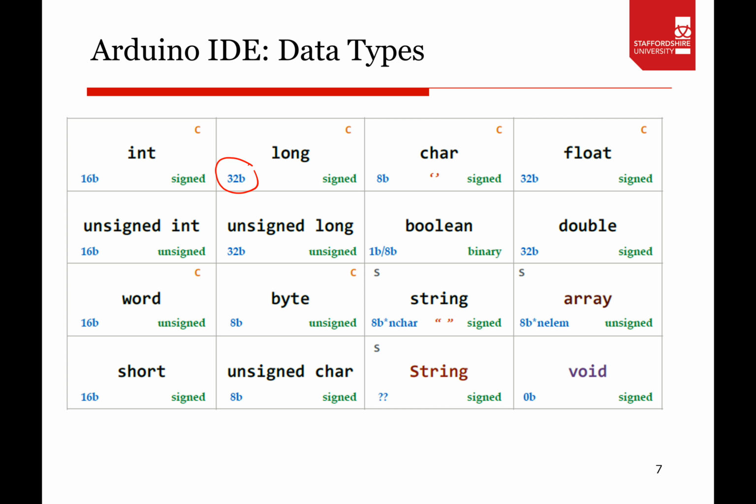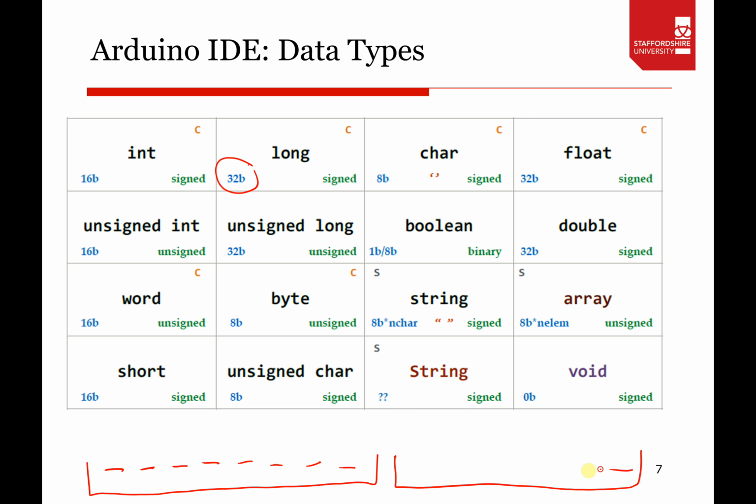So a signed integer, or an int, is 16 bits, so 2 bytes. A long int is twice of that, so that's 32 bits. A char, which is the smallest, is only 8 bits.